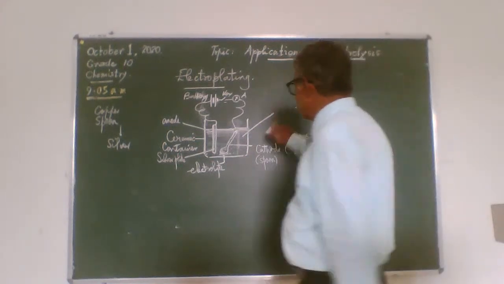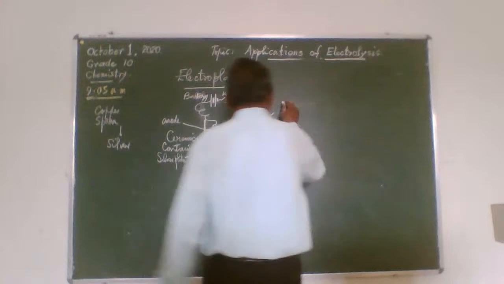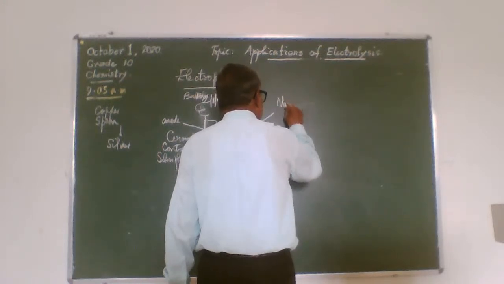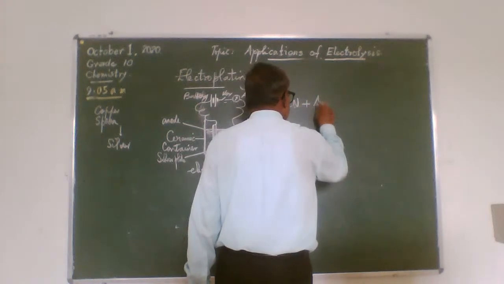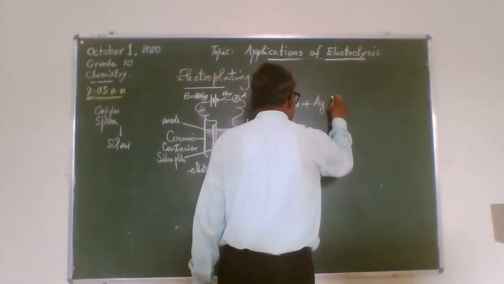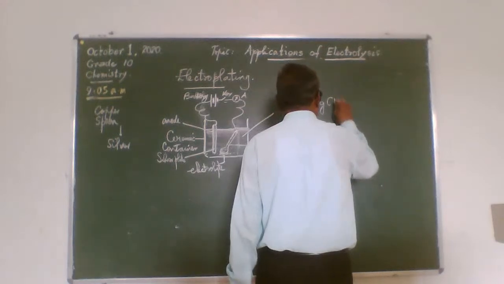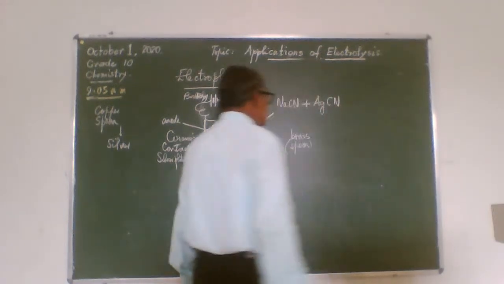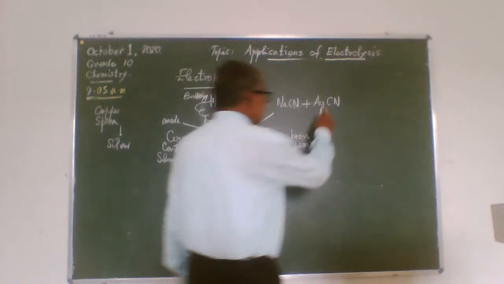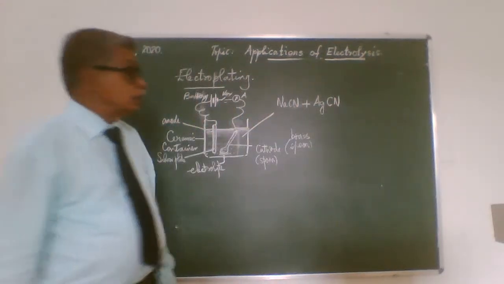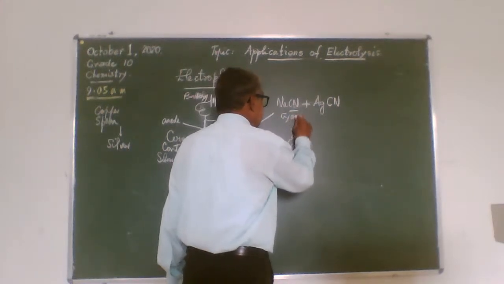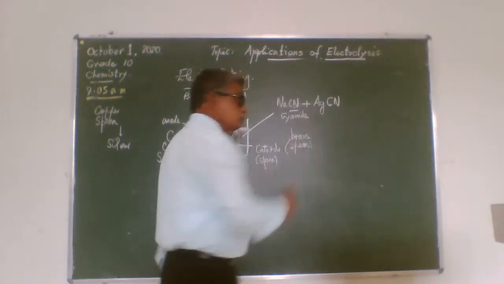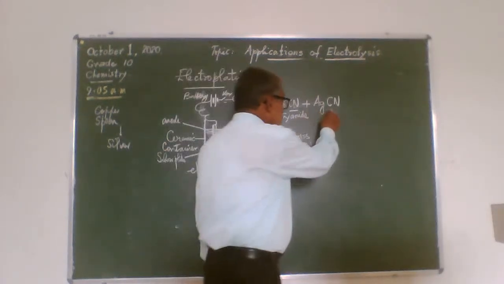So the solution we use is a mixture of sodium cyanide, NaCN, plus silver cyanide, AgCN. This is a cyanide mixture, please understand.